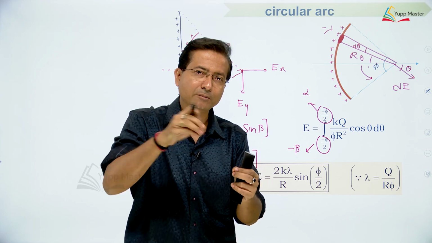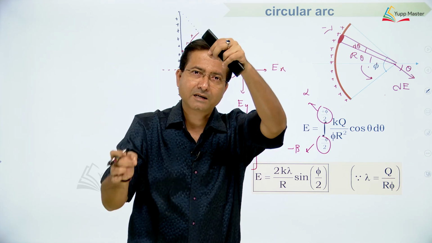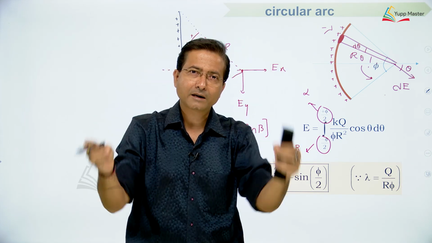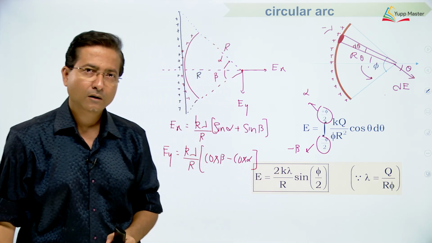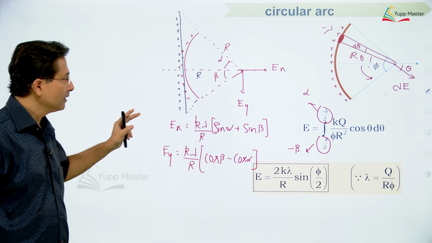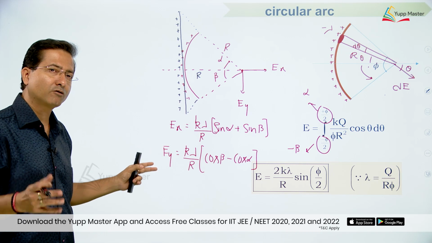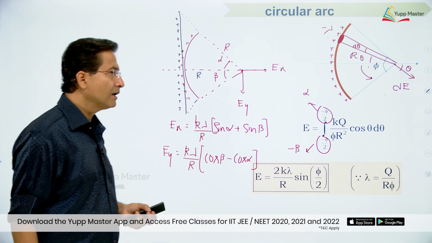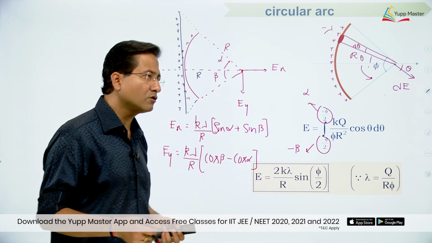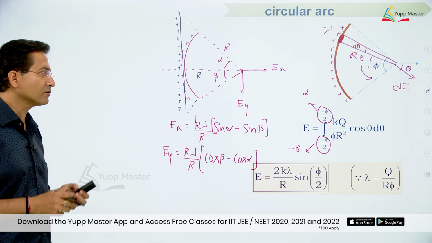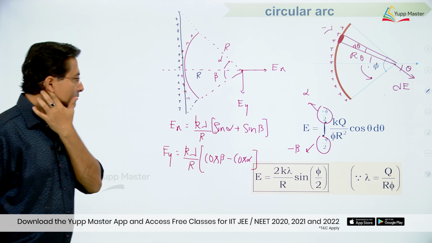So, the formula of a ring can be used for such distributions where 3 particles are placed at a triangle or 4 particles are placed at a square. The same formula can be used for all new situations where the distribution of charges is symmetric about the axis. Then we have seen that because of a ring, at the center of the ring the field is 0 if the charge is uniformly distributed. If I take a part of the ring, then the formula is given by this one, right.